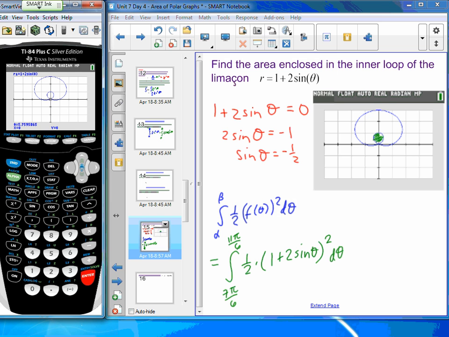I've shown the calculus. We've determined the limits. We've written it exactly in the integral form. So guess what? Time for Math 9, baby. I'm going to go to my home screen. I'll have thetas in my Math 9 now because we're in polar mode.